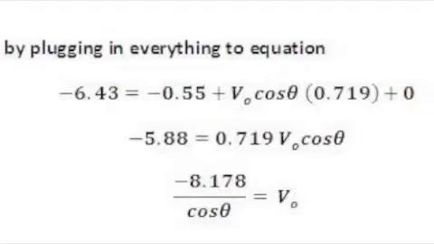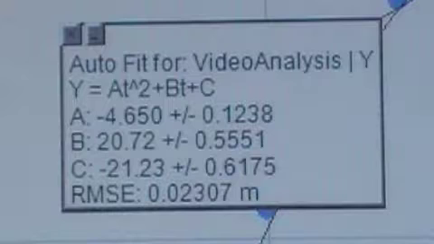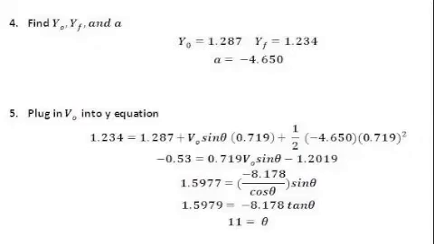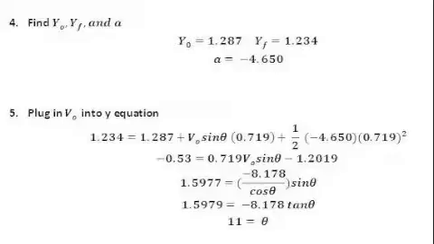To solve for initial velocity, we plugged everything into our equation and we came out with velocity initial equals negative 8.178 over cosine theta. Acceleration equals 4.650 meters per second squared. By looking at Logger Pro, we found that y initial equals 1.287, y final equals 1.234. We plugged everything into our equation and eventually found that our theta was 11 degrees.